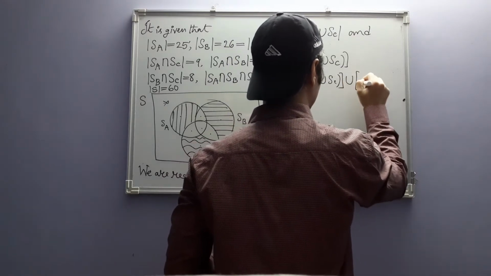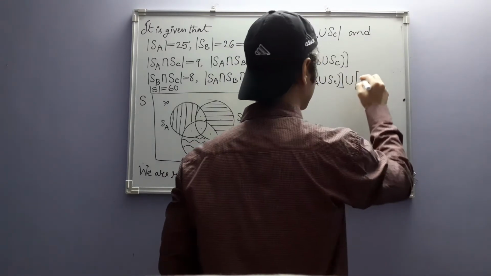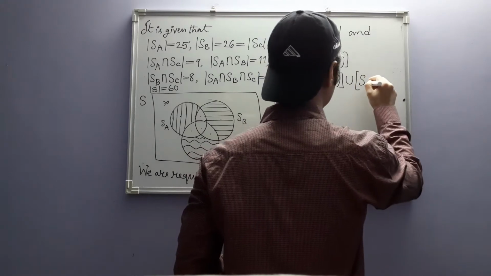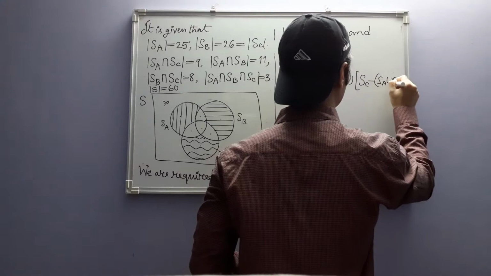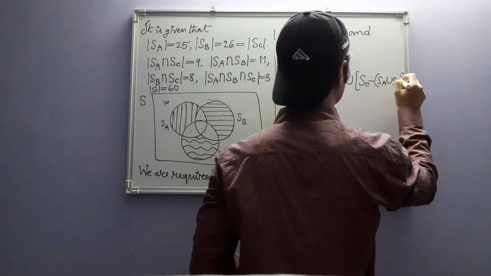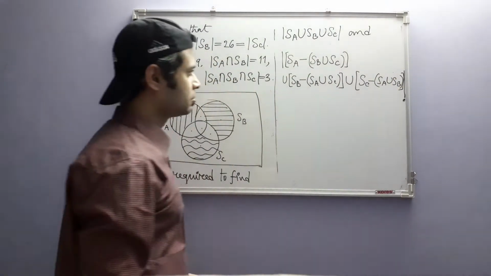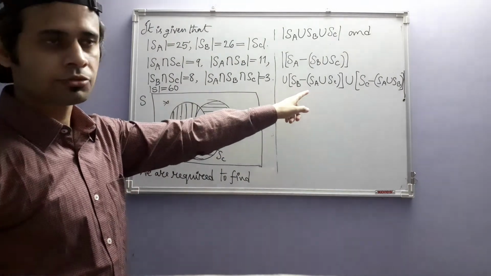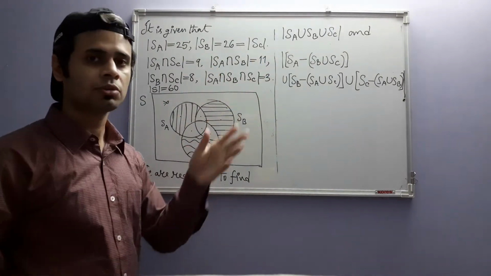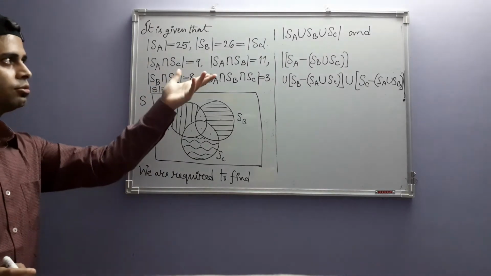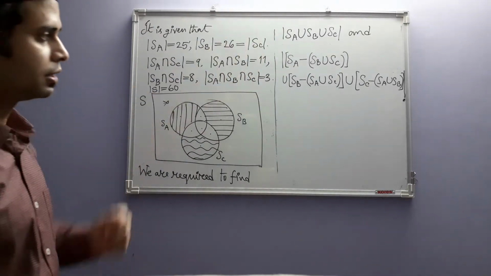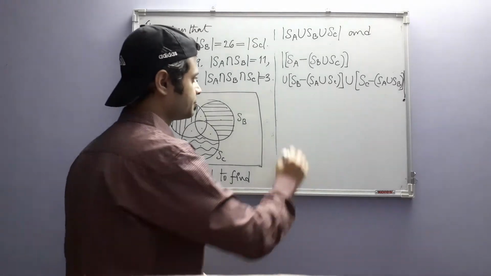Union, number of people reading newspaper C, only C. So this second one is naturally much harder to find than the first one. For the first one we have a ready-made formula and we have all that we need to calculate that one. So let us start.